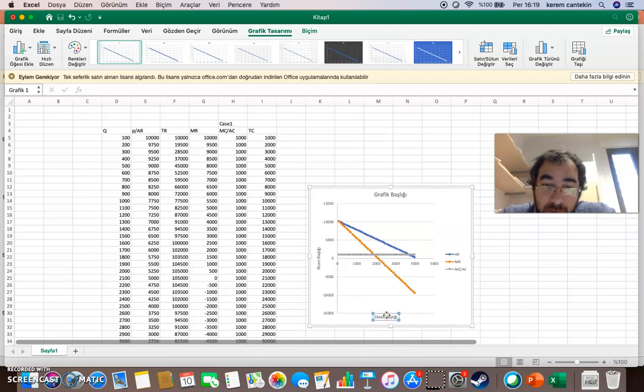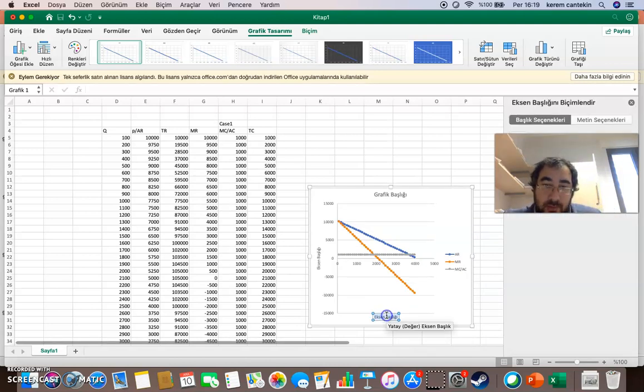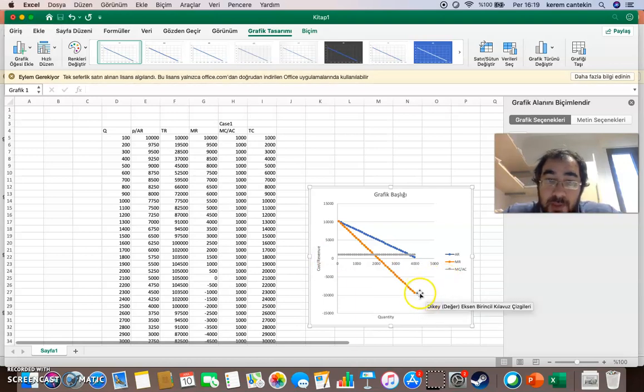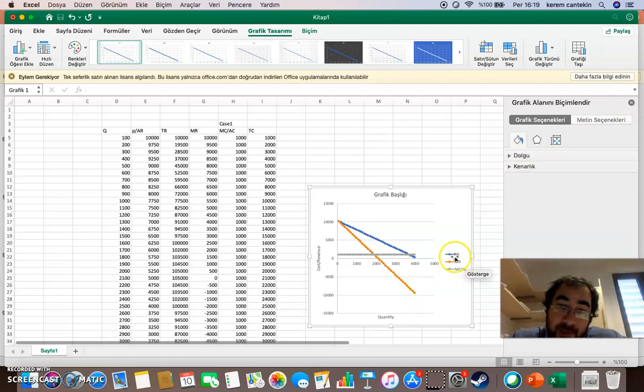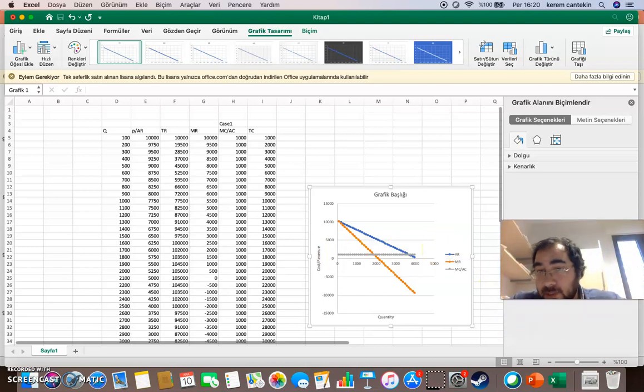Of course, this is the quantity, and here you have cost and revenue. Basically, the optimum point is here, the point at which the marginal revenue curve and the marginal cost curve, which is a gray line, will intersect.